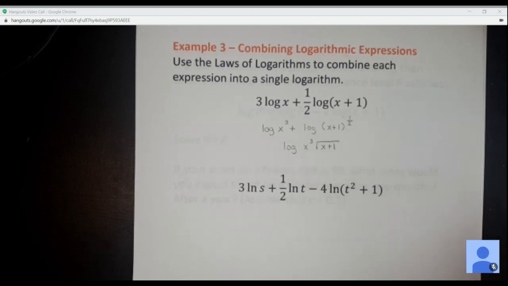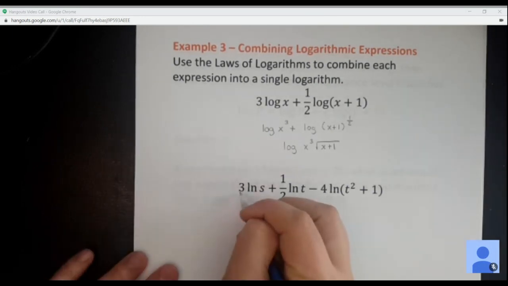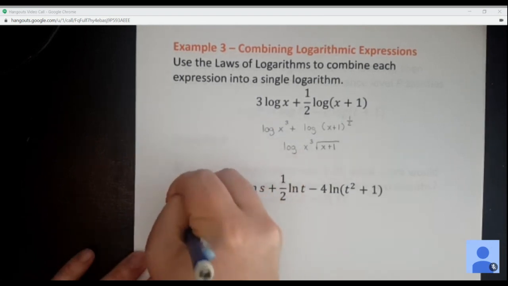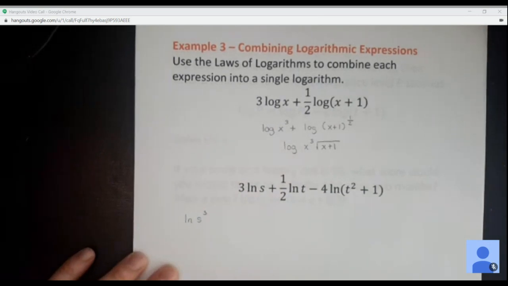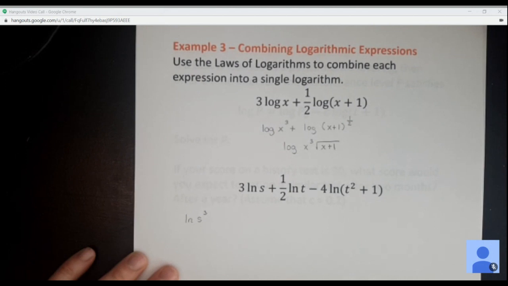All right, so what are we going to do first with this next one? Okay, good. So we can move this 3, right, because that's going to move to the exponent. So that's going to give us natural log s to the 3rd power. What's next? Good.